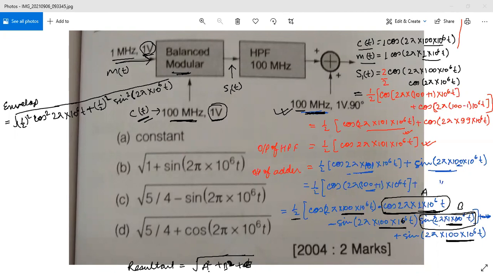So now we will break the signal as the given value. Okay. So we can write it as the value of the signal. Okay. So we can write it as what? We can write it as half of cos square 2 pi into 10 to the power 60 plus half square sine square 2 pi into 10 to the power 60. Isn't it?